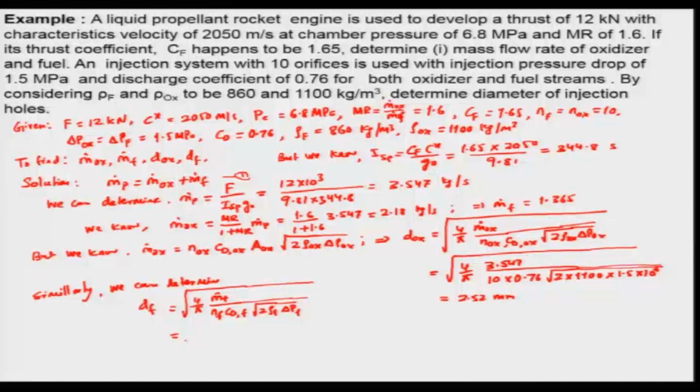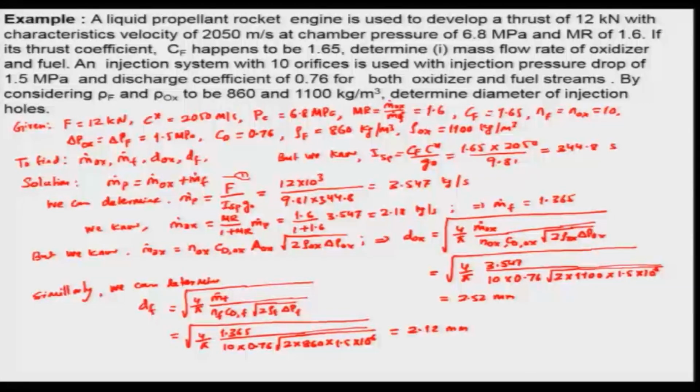So, if I substitute these values, 4 by pi, m dot f is 1.365, divided by 10 into 0.76, root over 2 into 860 into 1.5 into 10 power 6, is equal to, you will get 2.12 mm, millimeter.